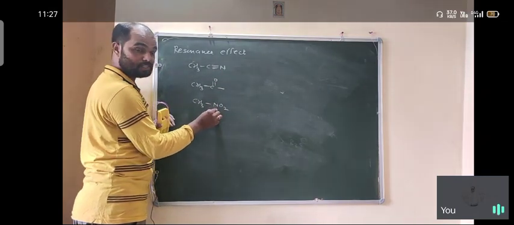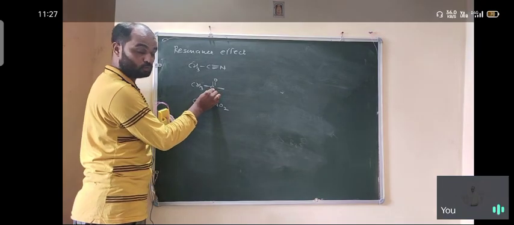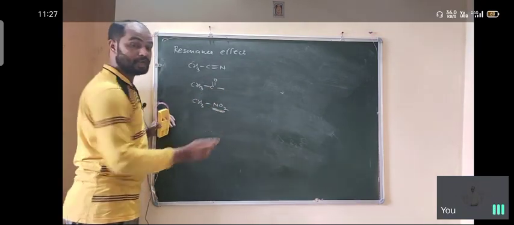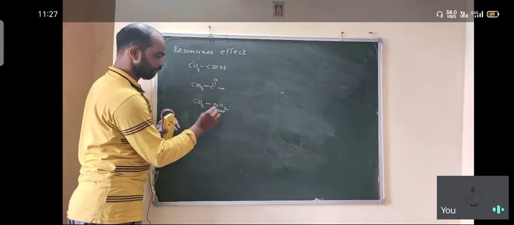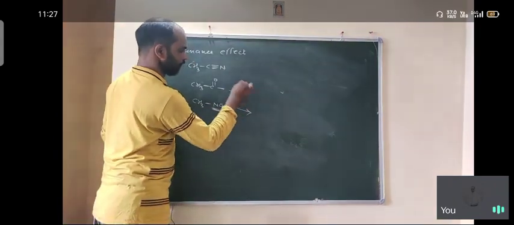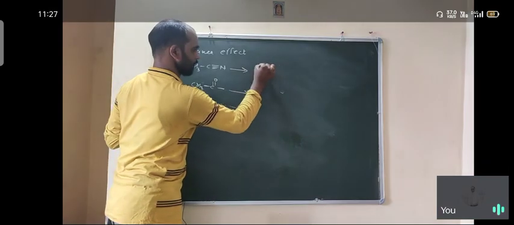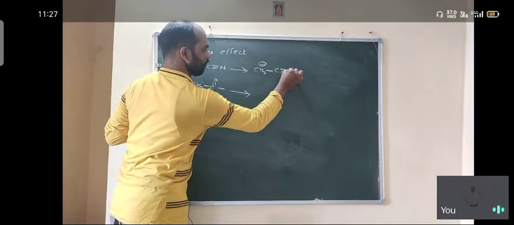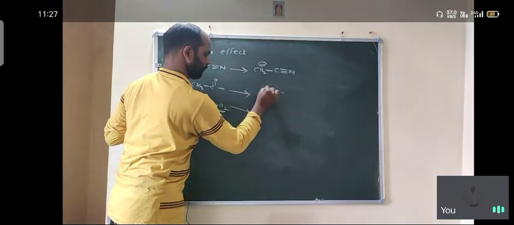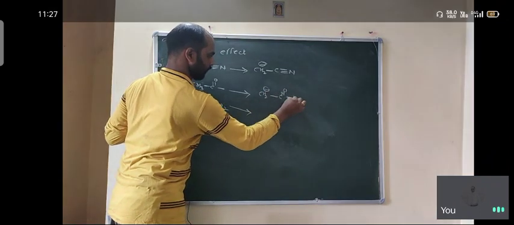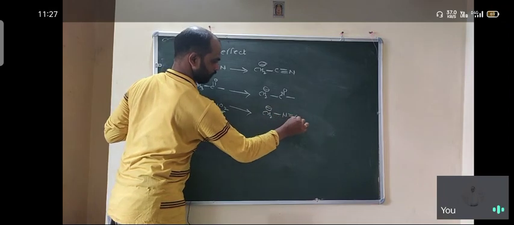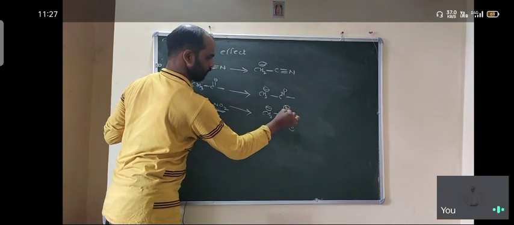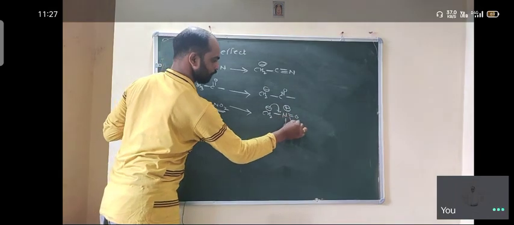NO2 has a stronger minus R effect than the carbonyl group. That means the carbanion formed in all three cases, here will be the most stabilization.